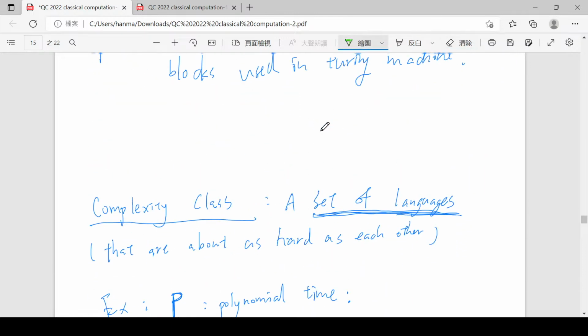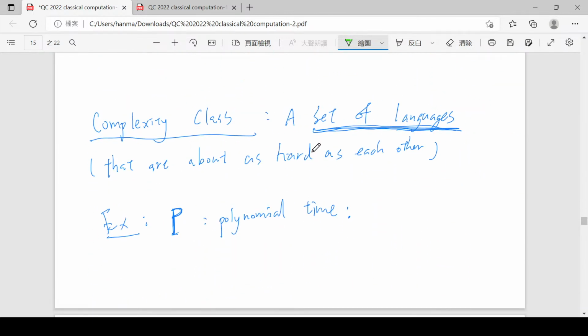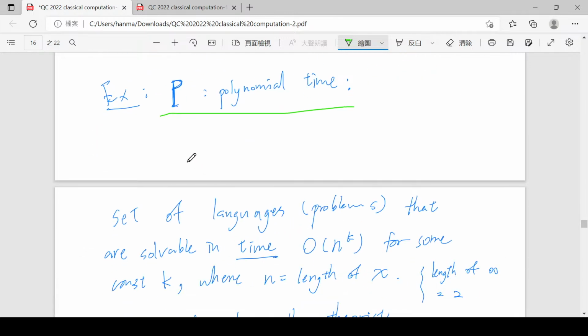When you think about time, the most obvious complexity class we define is P, that's polynomial time. That's the set of problems, or in terms of our notation, a set of languages, that can be solved in polynomial time.